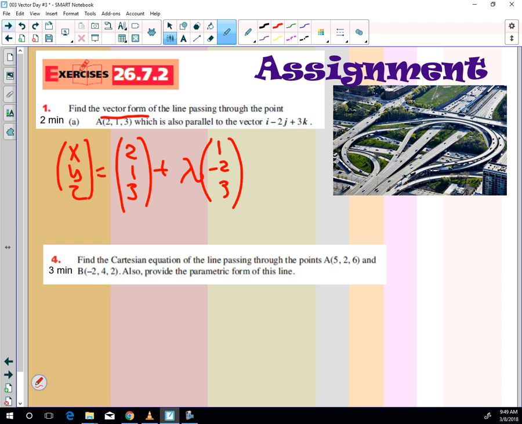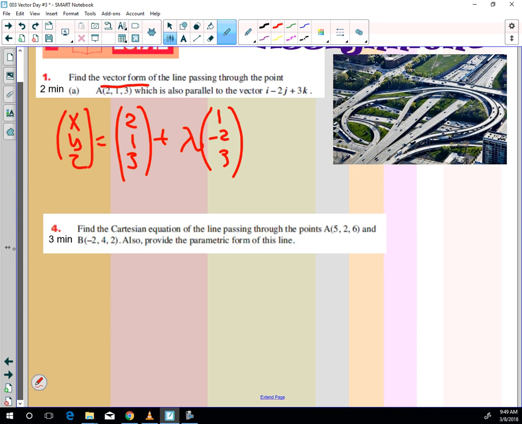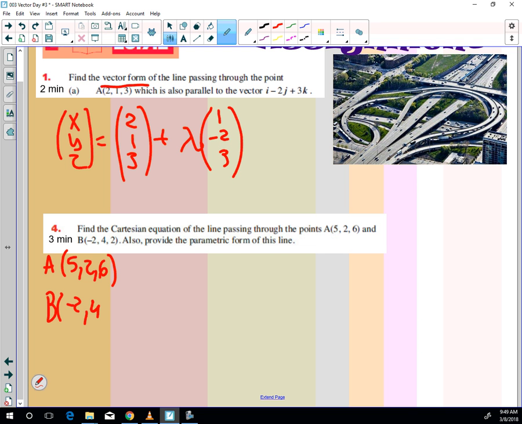Go to number 4, please. Find the Cartesian equation of the line passing through the points A and B. Provide the parametric. We're going to start with actually the vector form. So here are my 2 points, A, which is 5, 2, 6, and B, which is negative 2, 4, 2.